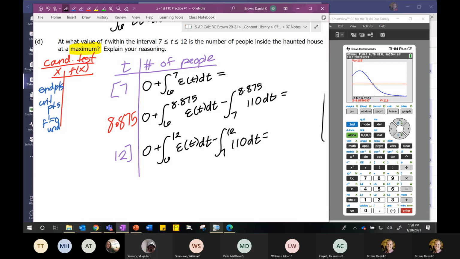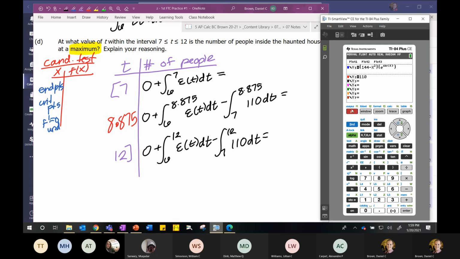Just to show you some other shortcuts, you may choose to do this or not. Once you graph a function in your calculator, it's actually doing more than just graphing it. You're saving that function as y1 and y2 in the calculator. So if you don't want to type in a whole function again, there are some shortcuts. I'm going to go back to my home screen.